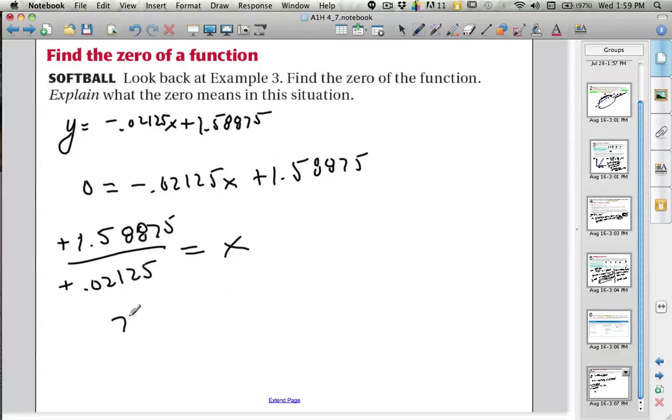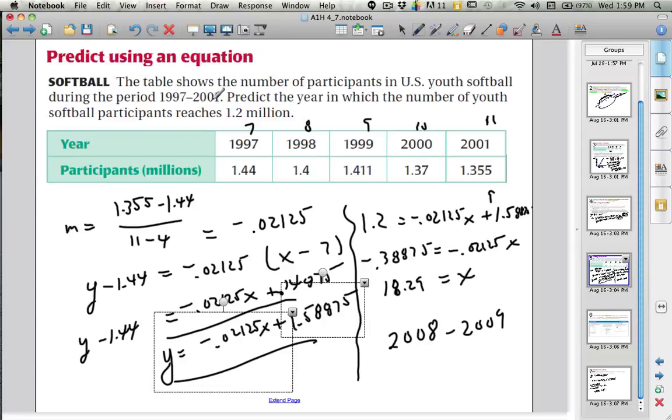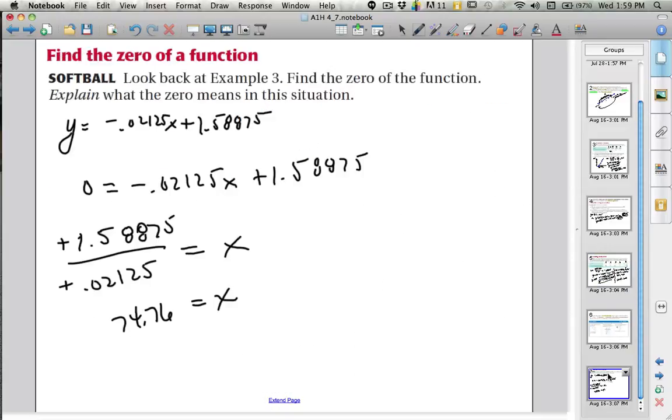Right, so 74.76. And what does that mean? Well, the zero of the function, remember what this was looking at. This was the number of people who participate in youth softball. The zero of the function would be, in what year does nobody do this anymore? In what year has youth softball ceased to exist?